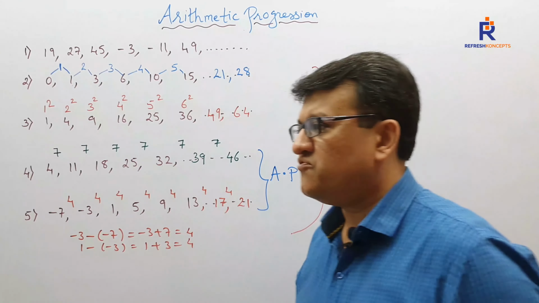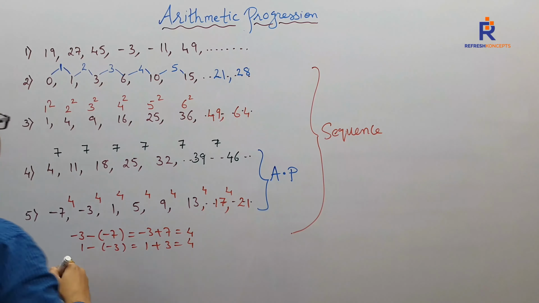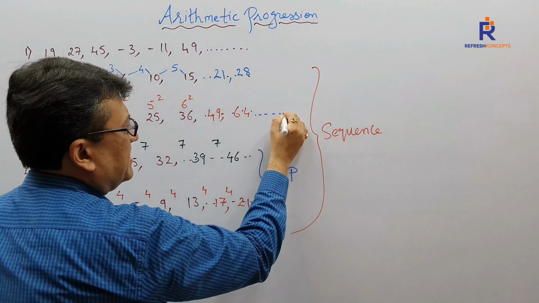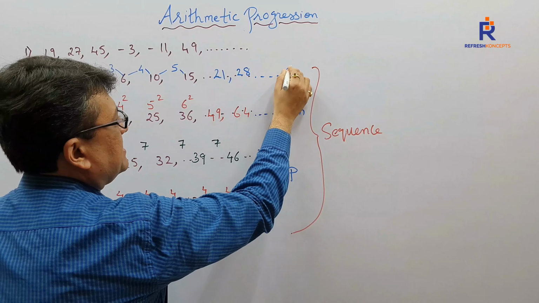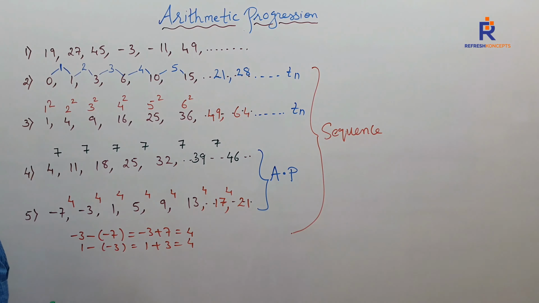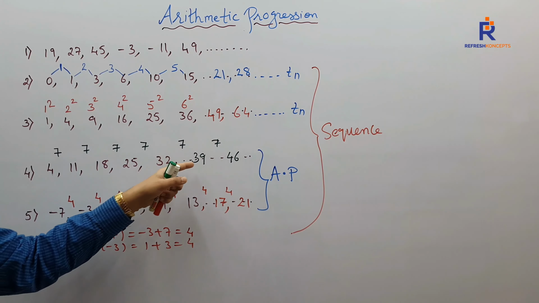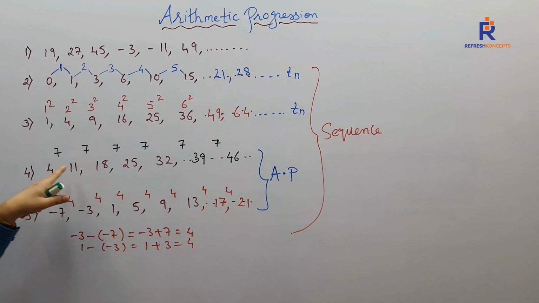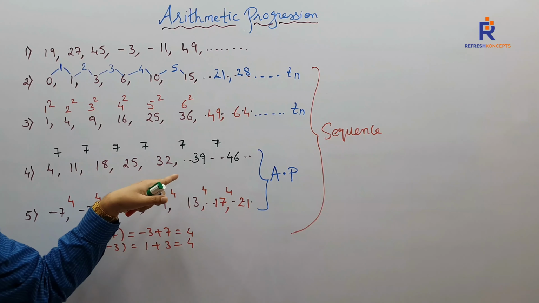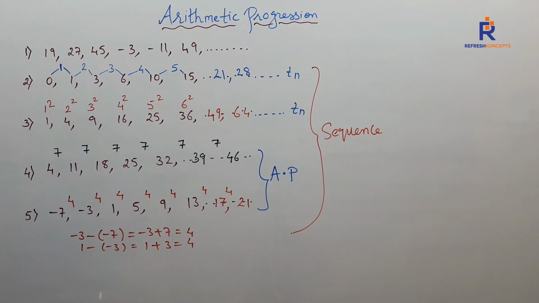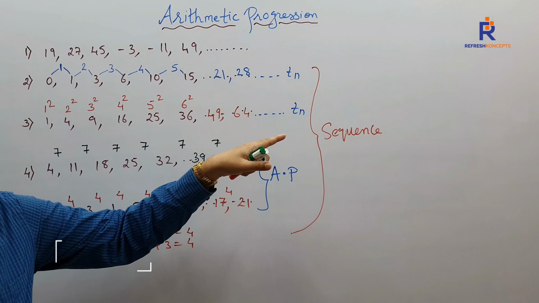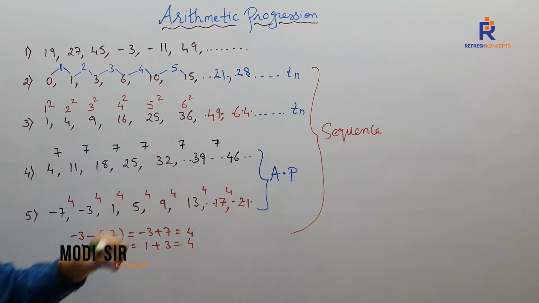Let's move further. If this is termed as T1, T2, T3, likewise we can go further and it's Tn. This is Tn. So every single arrangement of numbers always has a last term: first term, second term, third term, fourth term, fifth term, and so on and so forth, till the last term Tn.